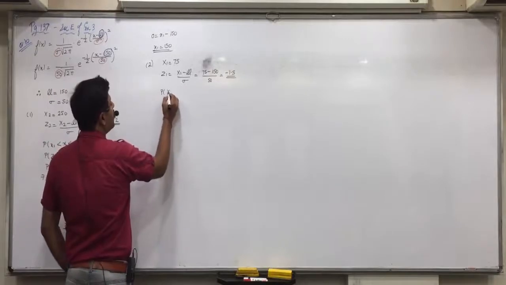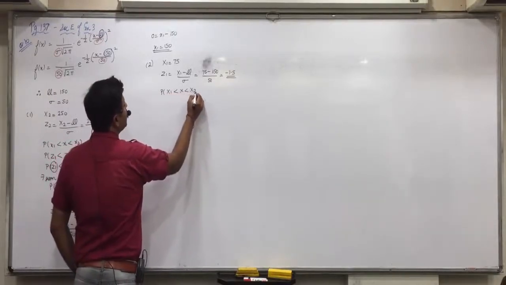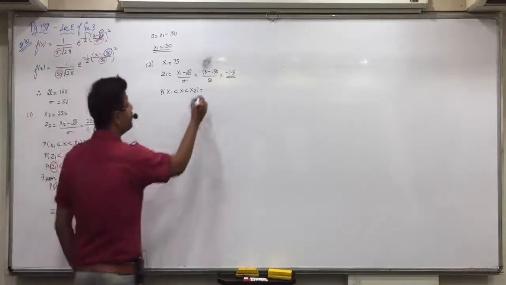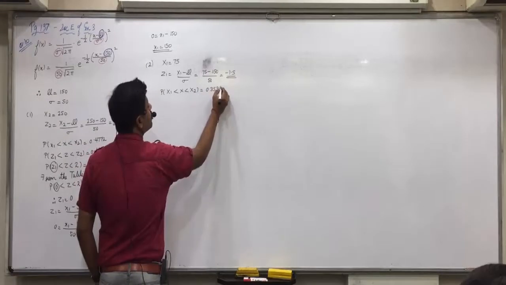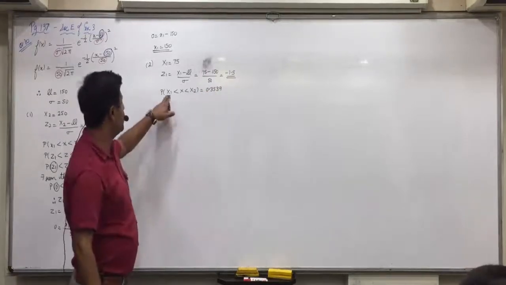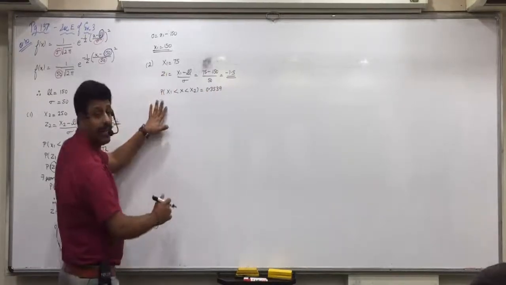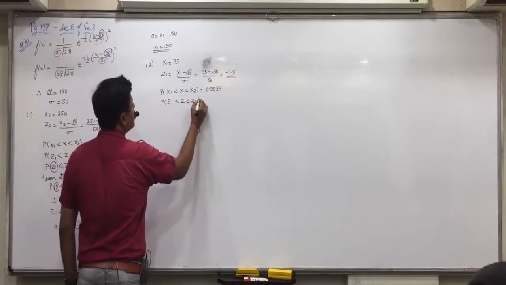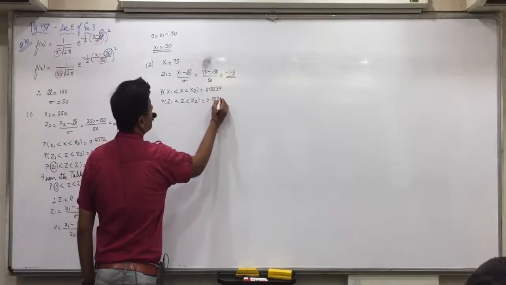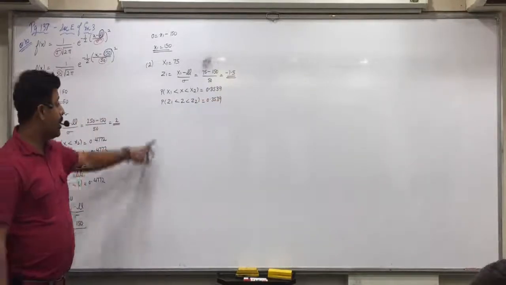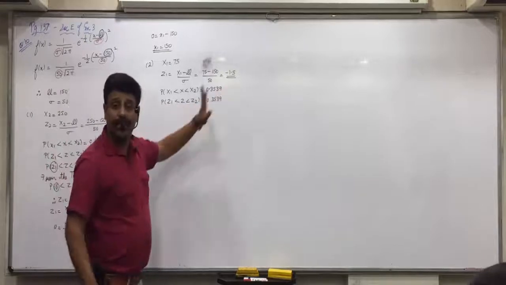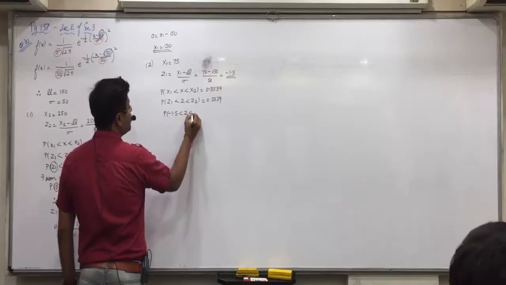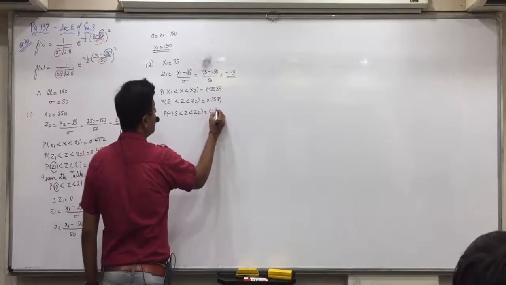Now P(x1 less than x less than x2) is given as 0.3539. First of all we write in terms of z: P(z1 less than z less than z2) is 0.3539. Now z1 we know as minus 1.5, so P(minus 1.5 less than z less than z2) is 0.3539.